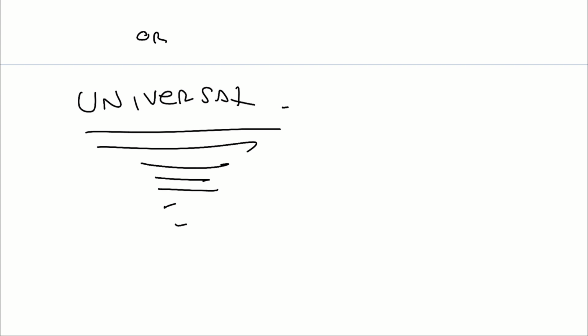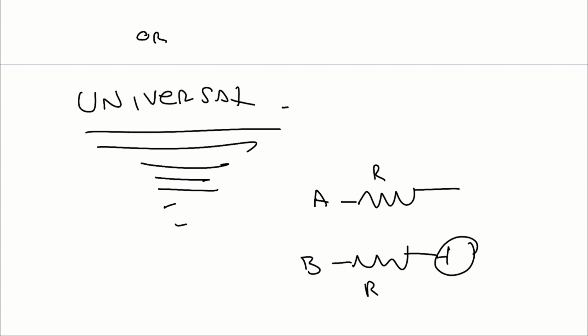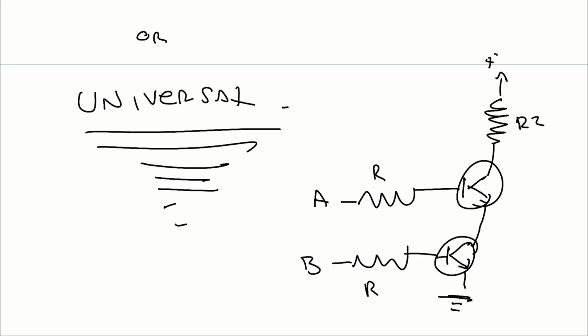I believe the way you would do that is you have your inputs, which you have hooked up to a resistor. They're different resistors, and then you've got your transistor switches, which you hook up together like that, and then over here you put another resistor, and then here's your out.